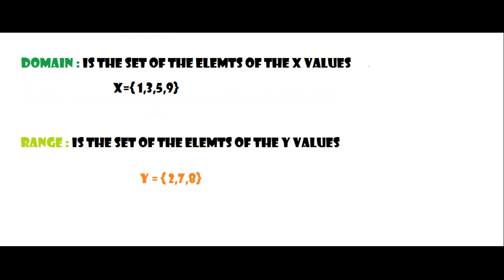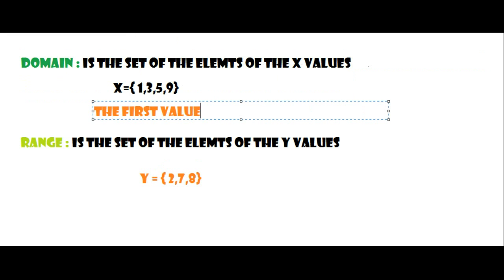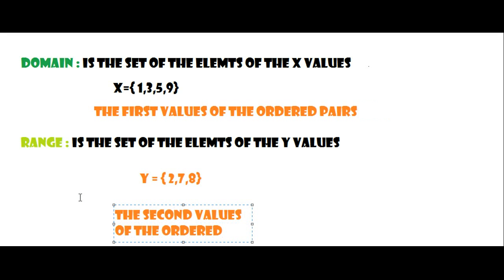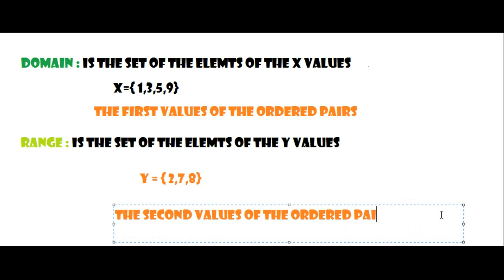Let us revise. Domain is the set of the elements of the x values, meaning the first values of the ordered pairs, okay. And range is the second values of the ordered pairs.